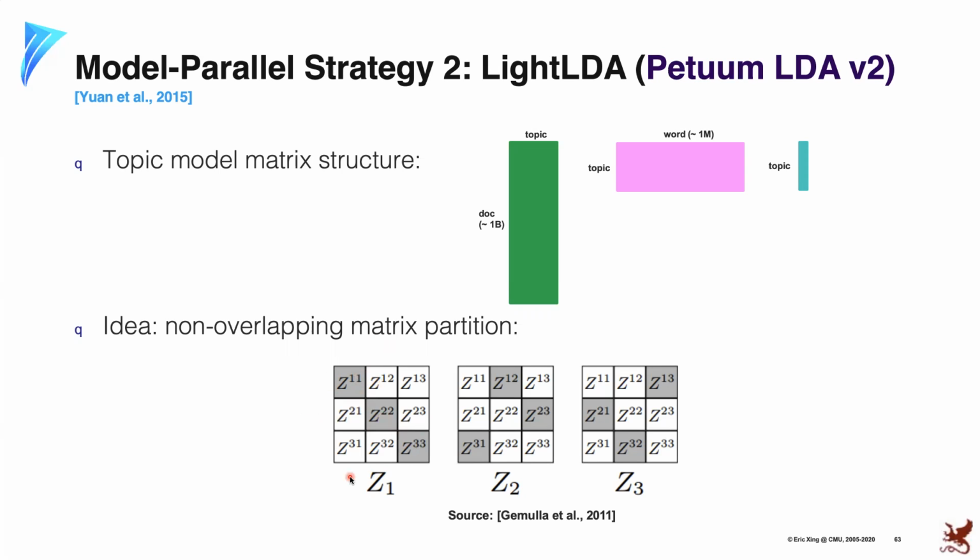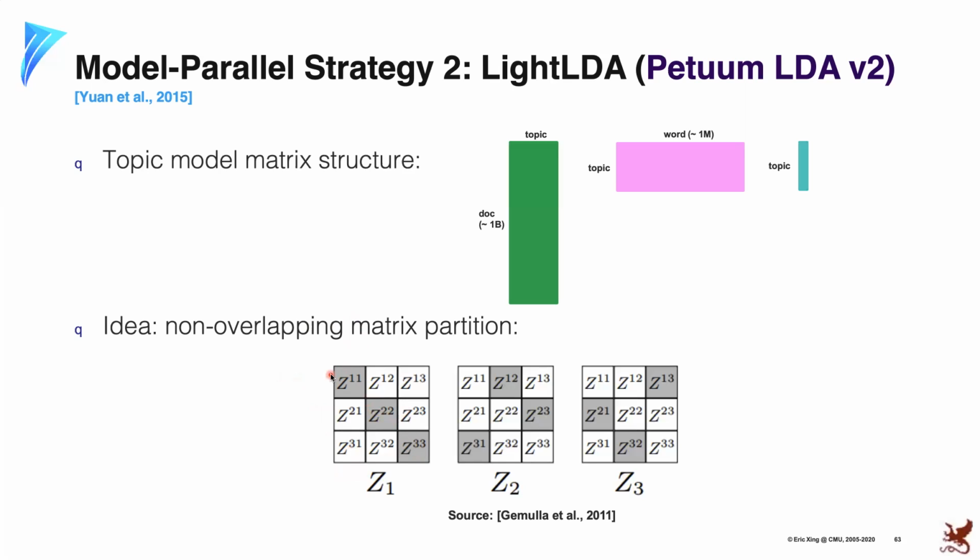Essentially, if we pick entries in the same column, and the row denotes the word and the column denotes the topic, then they will all be associated with the same topic variable. But if we select them carefully so that each has a different row and a different column, they will not share any parameters.